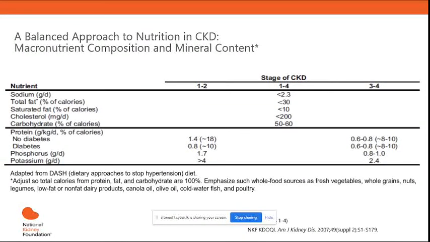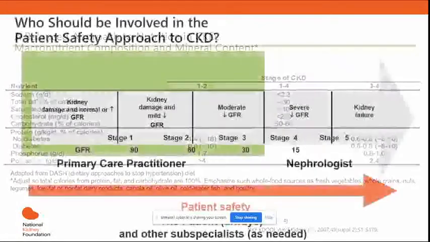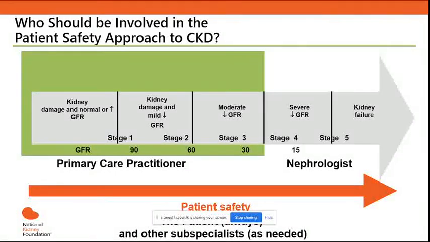Protein restriction is also important. We advocate moderate protein restriction, because moderate protein restriction slows down the progression of CKD. We also pay attention to the phosphorus in the diet. We have to limit the phosphate in the diet. Most of the animal protein and milk products contain phosphate, so they have to cut down the phosphate intake, and also they have to limit the potassium intake.